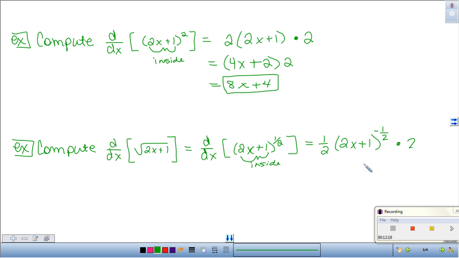As I start to clean this up, I notice that 1/2 times 2 is just 1, so these things will cancel since all 3 of these are just products. And so I've got 2x plus 1 to the negative 1/2. I don't like negative exponents in my answer, so really this is 1 over the square root of 2x plus 1. I'm going to come over here and get some more work.